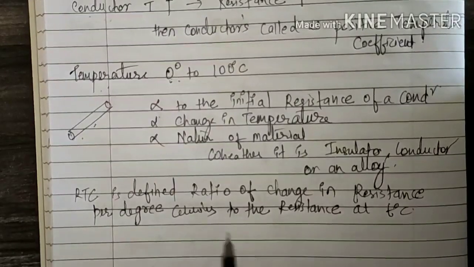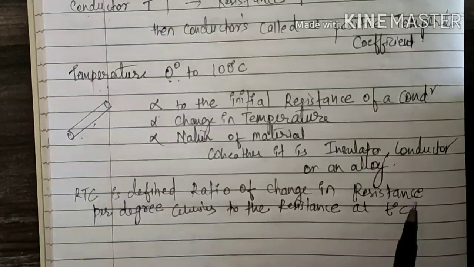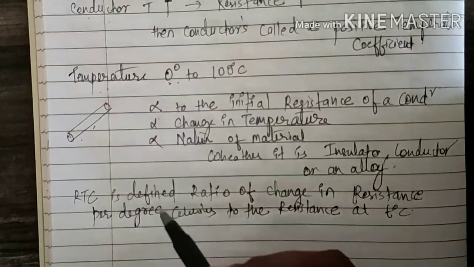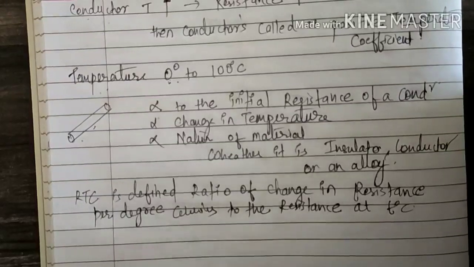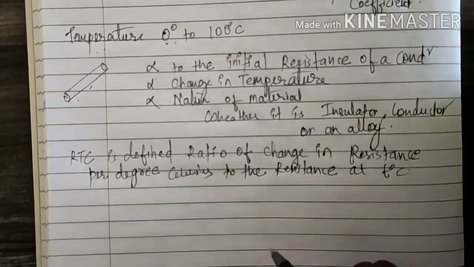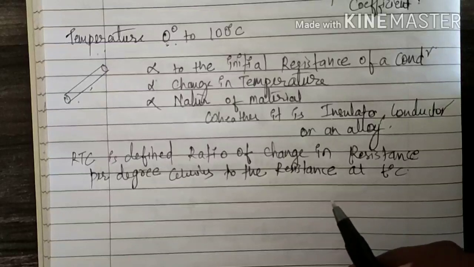It is the ratio of how much the resistance is changing per degree to the resistance at T degree Celsius, where T is the temperature at which the resistance is changing.